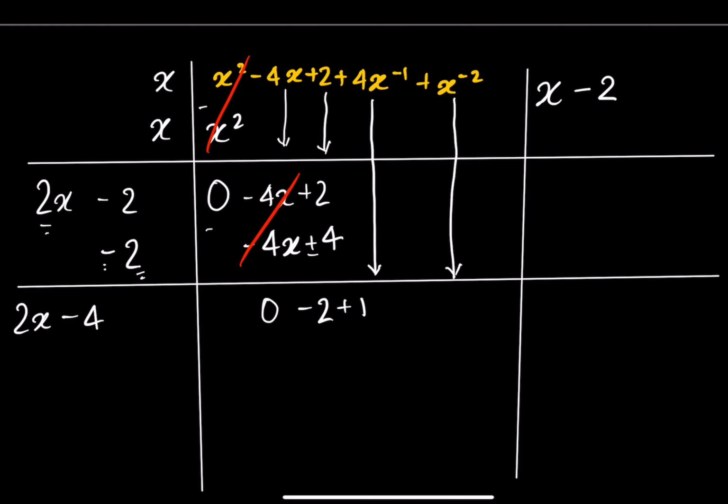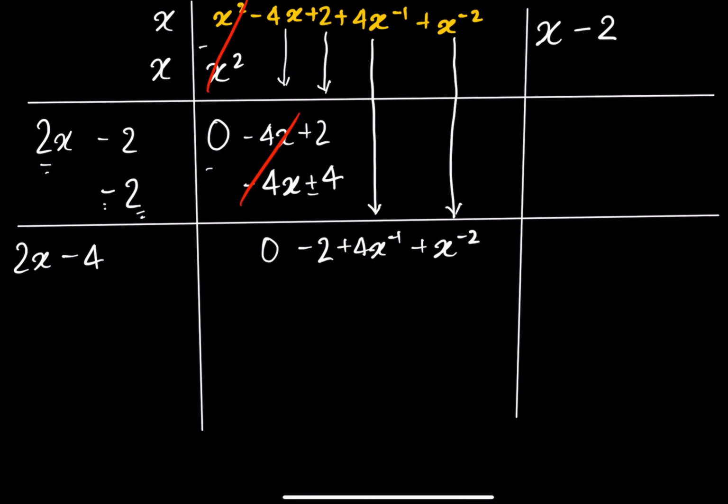And then we're going to pull down our next two terms right here, which are 4x raised to the power of negative 1 plus x raised to the power of negative 2. So what do we put over here and multiply by this to get this? After a while of thinking, we can tell it's negative x raised to the power of negative 1.